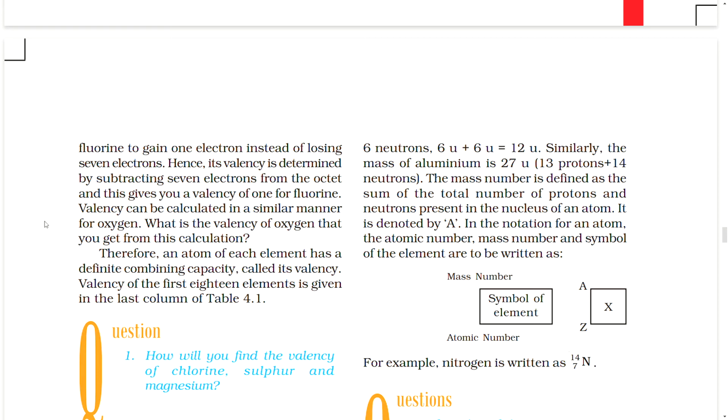The mass number is defined as the sum of the total number of protons and neutrons present in the nucleus of an atom.